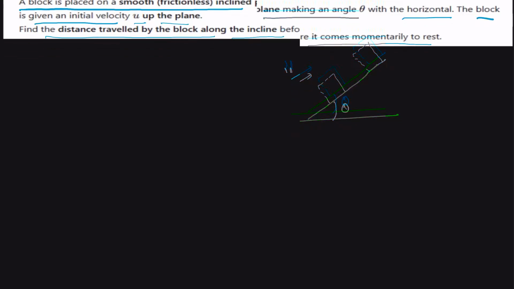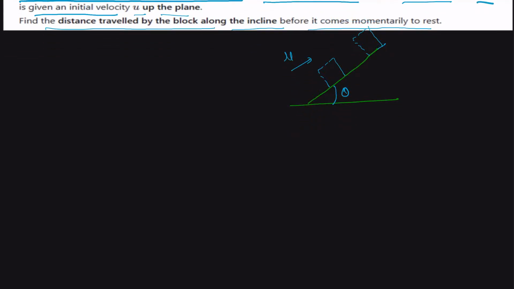And therefore it's quite obvious there will be a deceleration of this object as it is going to travel upward. Or we can say that the acceleration along the plane will be equal to minus g sine of theta. Negative means automatically the deceleration.